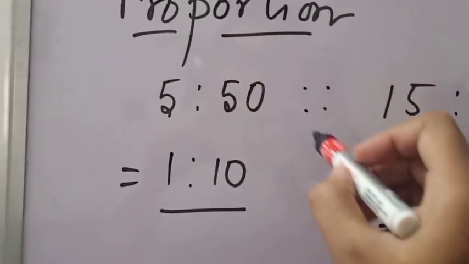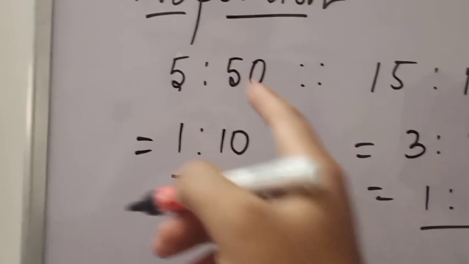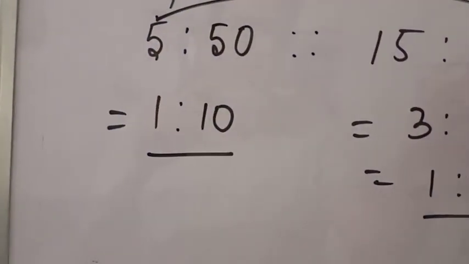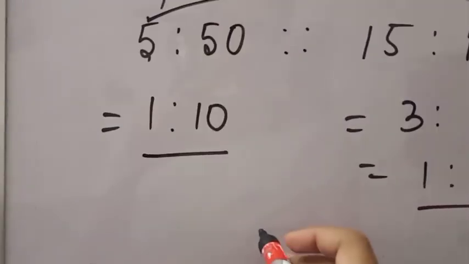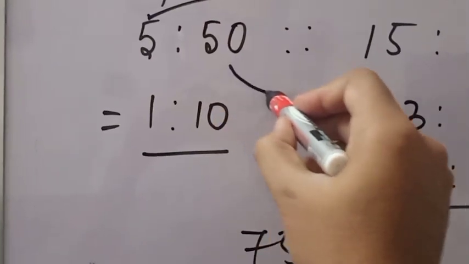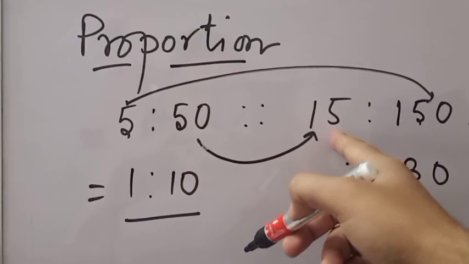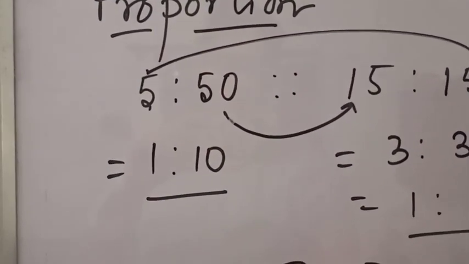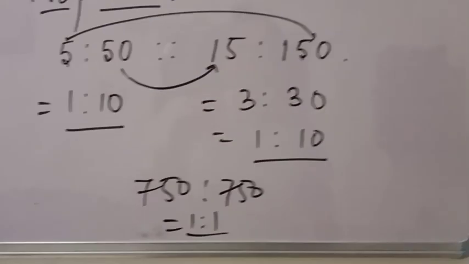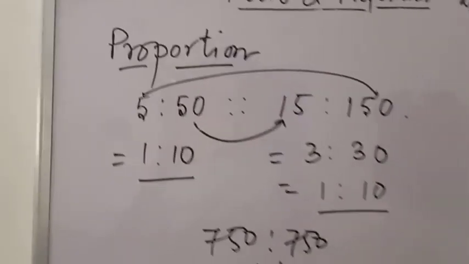This is the symbol of the proportion, with 4 dots. Now the product of the extremes, 5 and 150, that means 750, right? Now the product of the means, these two, also 750. So that means 1:1, the same ratios are there. So we can say that these ratios are in proportion.